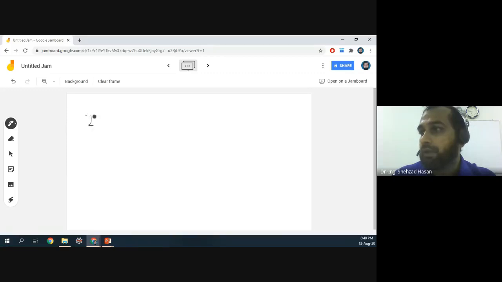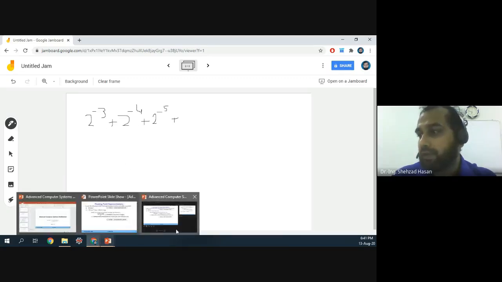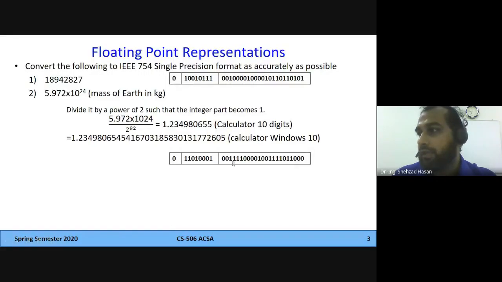So 2 raised to the power minus 3 plus 2 raised to the power minus 4. Or if you don't want to write it down on a piece of paper, you can directly add these powers on a calculator. So 3, 4, 5 were there. What else was there? So we had 3, 4, 5, 6, and 11, and so on.